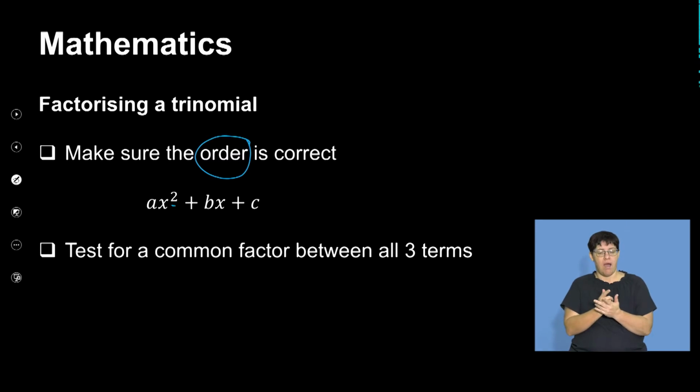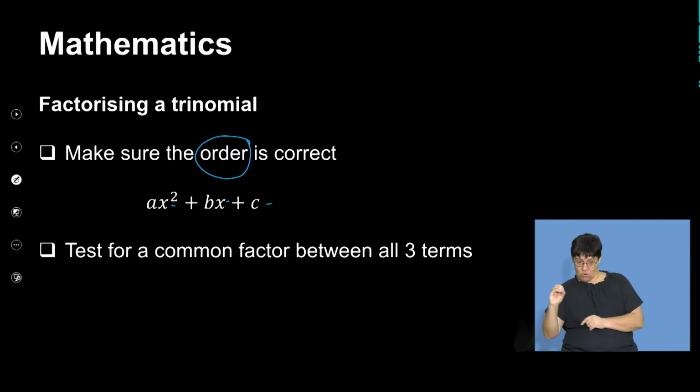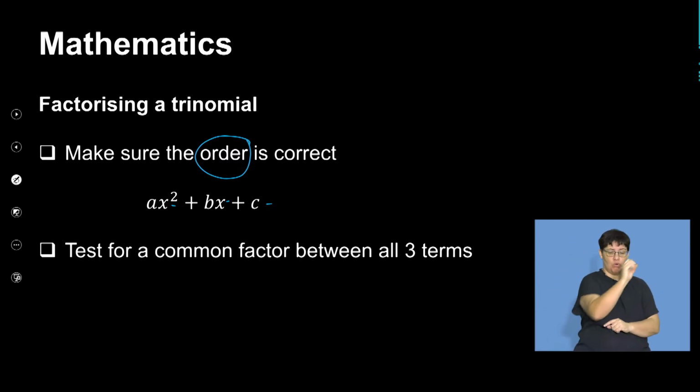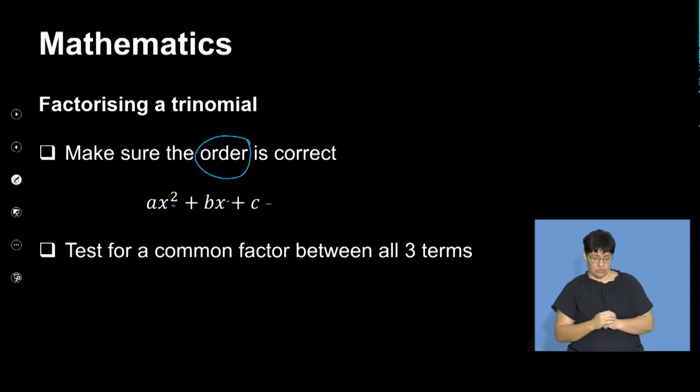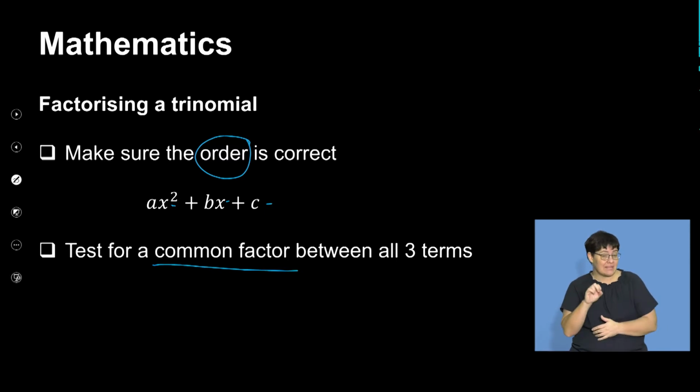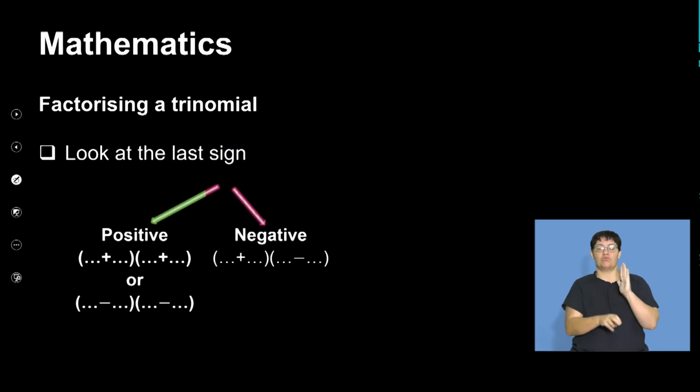Make sure that the exponents are in descending order, because that's the standard form of a trinomial, right? The coefficients do not really matter as long as the variables' exponents are in descending order, then it is in a correct order. Number 2, always test for a common factor. If there is no common factor, then you follow these golden rules that I'm just going to give you here.